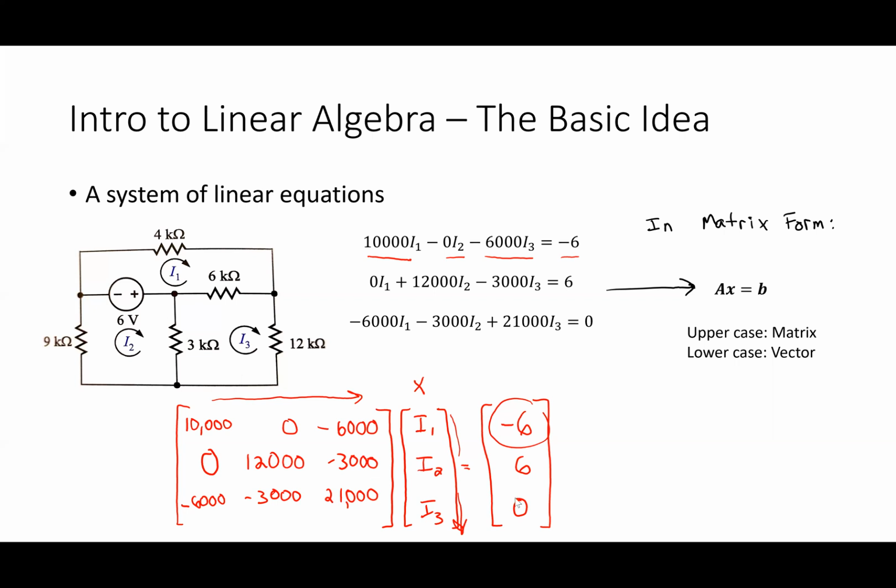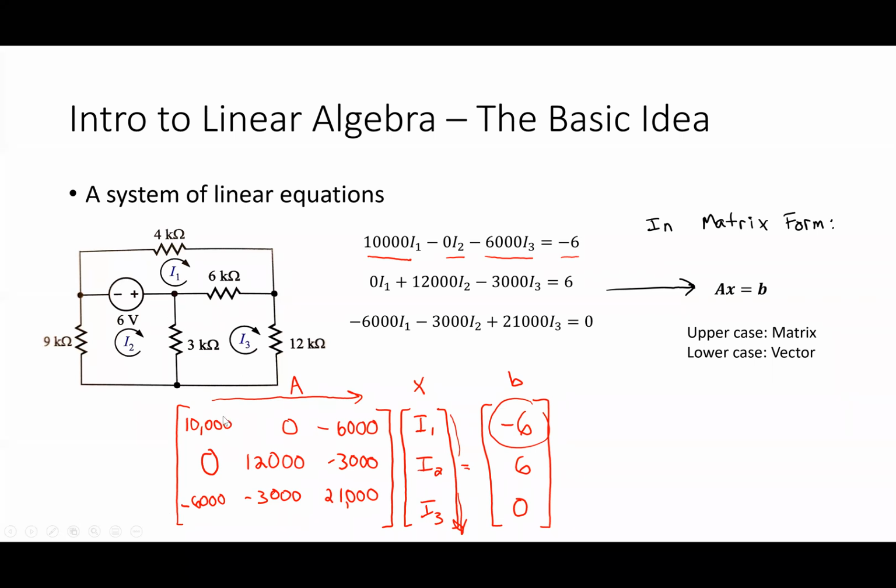Now to solve this, maybe I should say this is my A, this is my B. So I now have it in this form, AX equals B. When I multiply a matrix by a vector like this, I basically go along this row, then along this column, then along the next row and along that column, and along this row and this column, right?